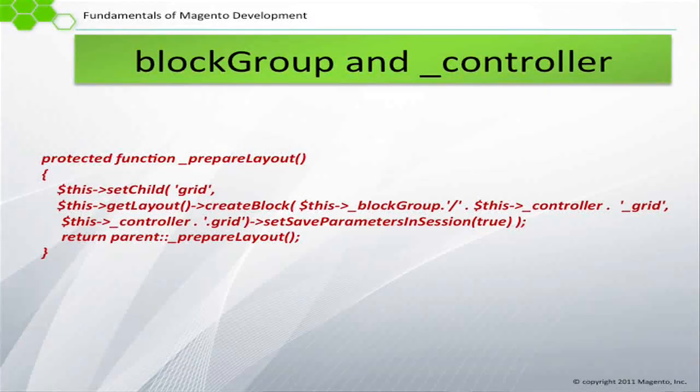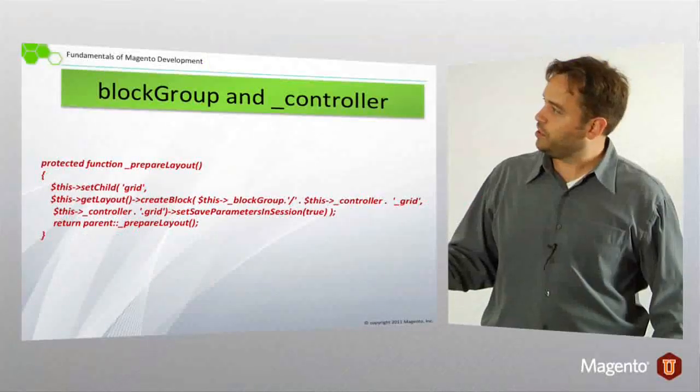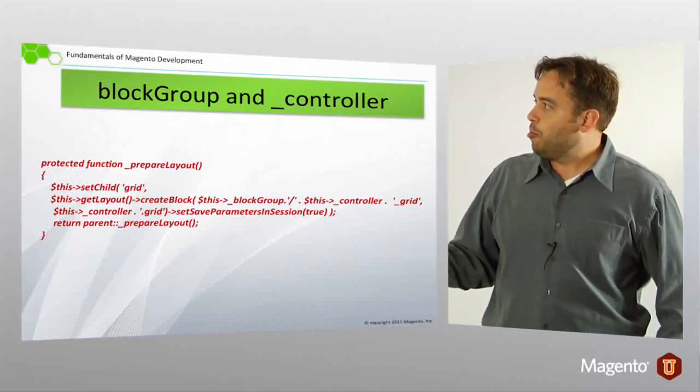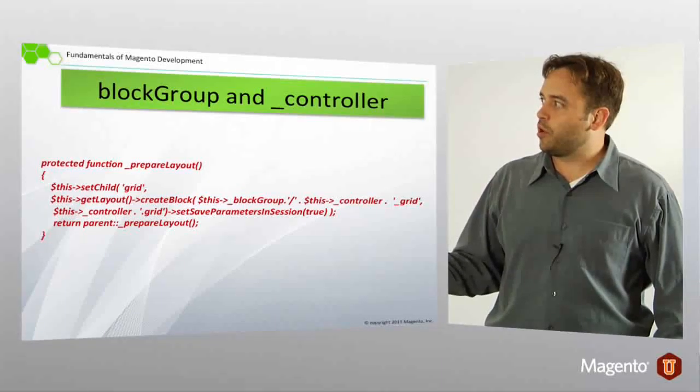Well, just like with other blocks, the admin blocks have prepare layout. So, prepare layout does some interesting things. Prepare layout will set a child block, grid, and then it uses name grid, and then here we use create block, this block group. Oh, so this is where our block group variable comes in.